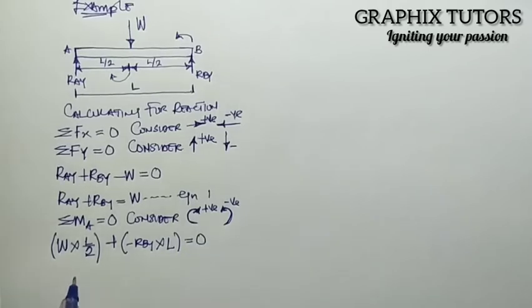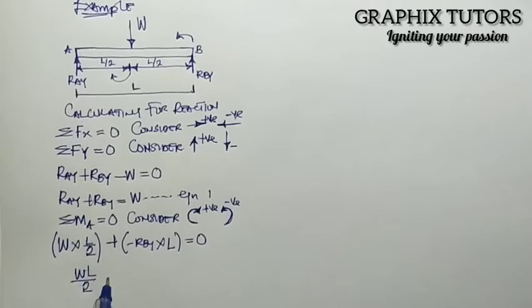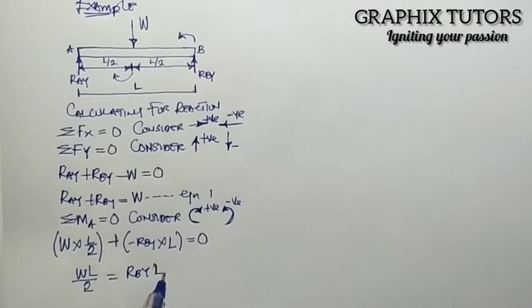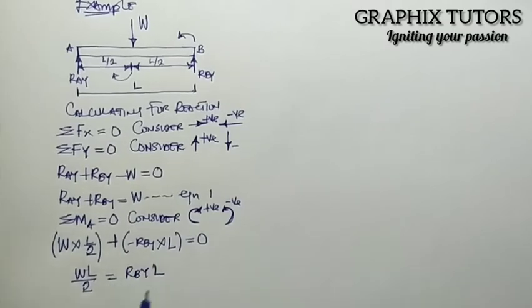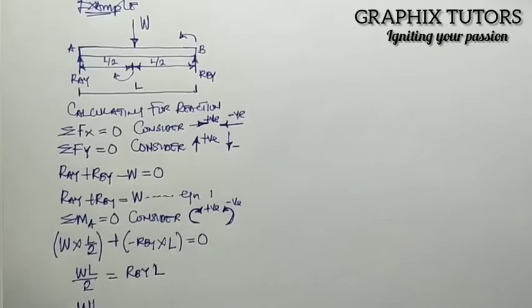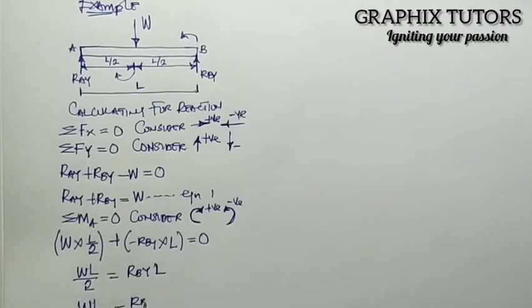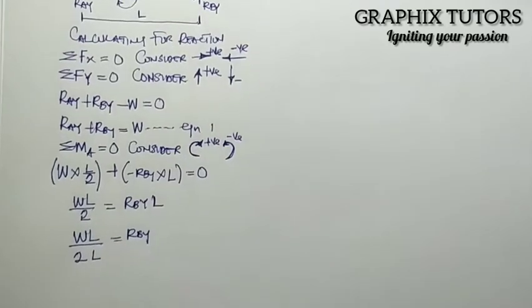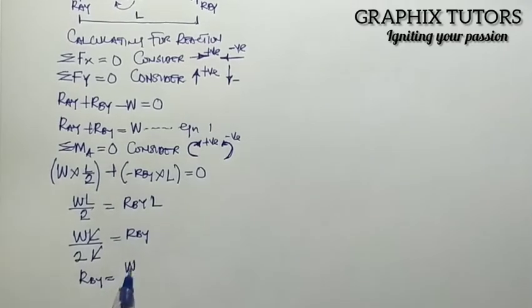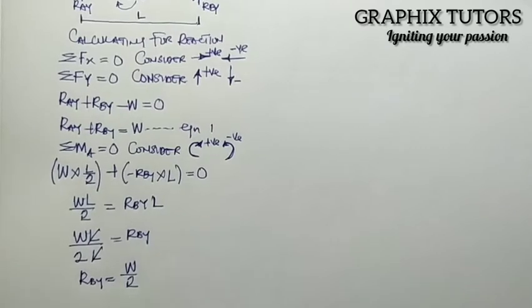Now from here we have WL all over 2 equals RBY times L. If you divide both sides by L, WL all over 2L equals RBY. L will cancel L, so RBY gives me W all over 2, right?